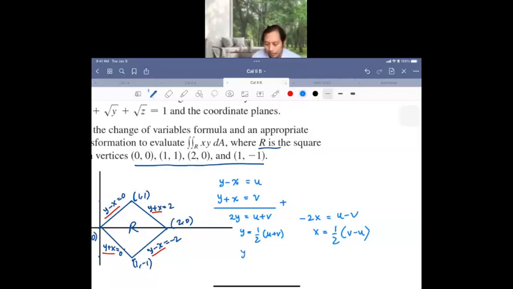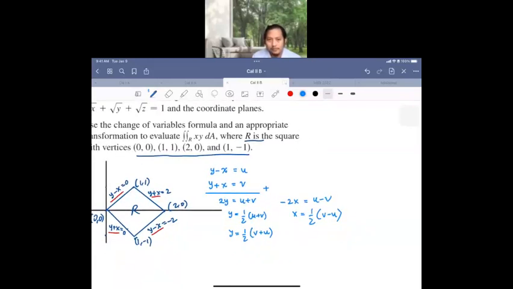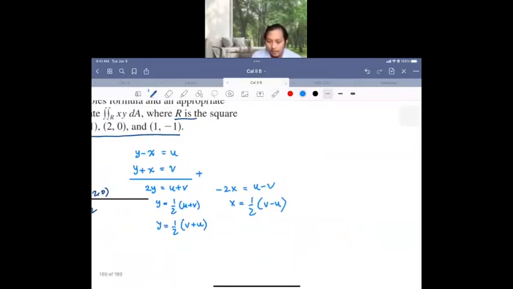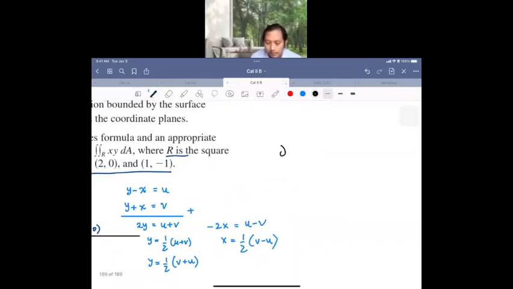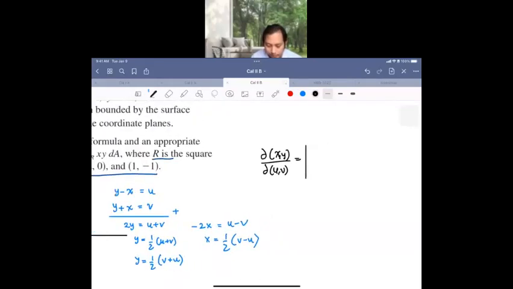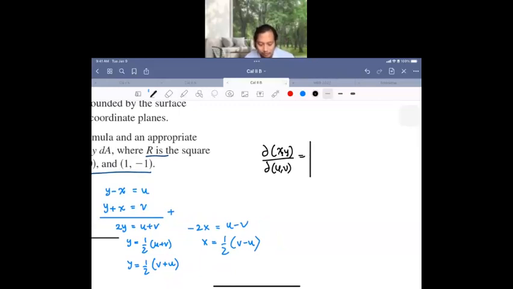Now the Jacobian: ∂x/∂u is negative half, ∂x/∂v is half, ∂y/∂u is half, ∂y/∂v is half. So we will end up with how much?